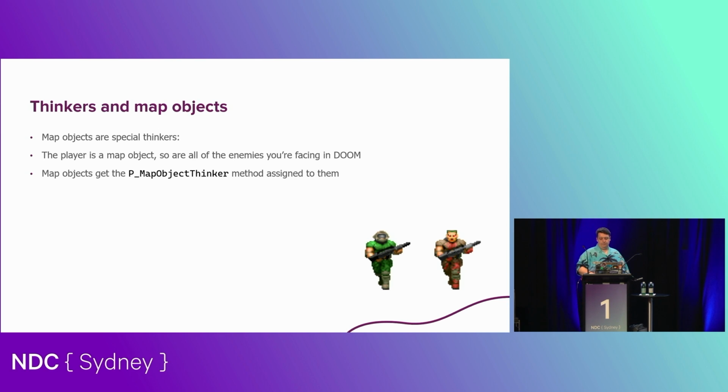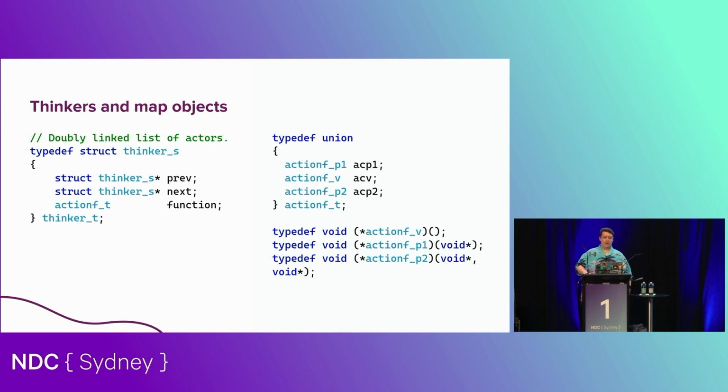Now, how does this work in the original source code? You have a doubly linked list of actors, and every actor has a function of type action f underscore t. And that's a union.